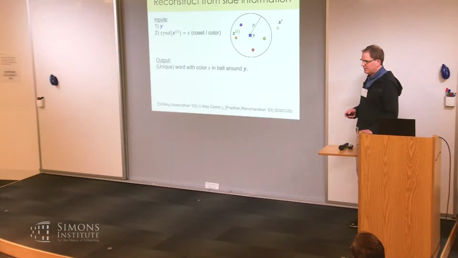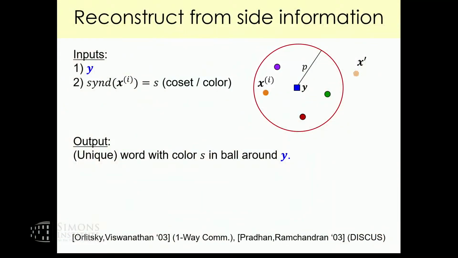Okay, so just to make sure we understand the basic term that I will use a lot, the term reconstruction. As I said, it's a different way to use a decoder of an error-correcting code. This is the input, Y. And what the decoder does, it looks within some sphere of radius P for a source input that has some syndrome or coset or a color indication that it got from the encoder.